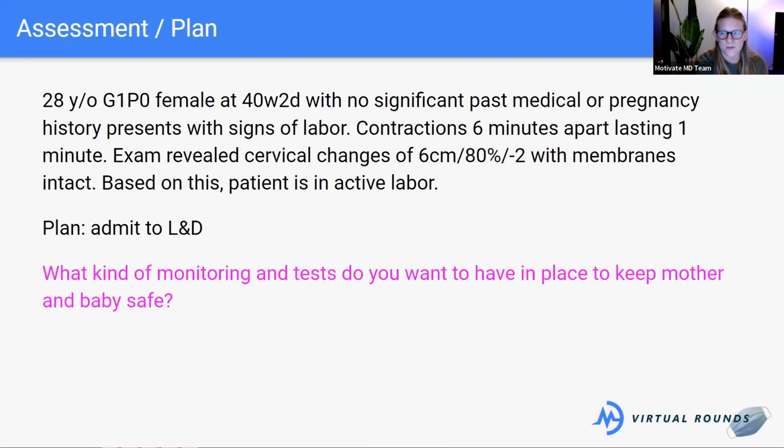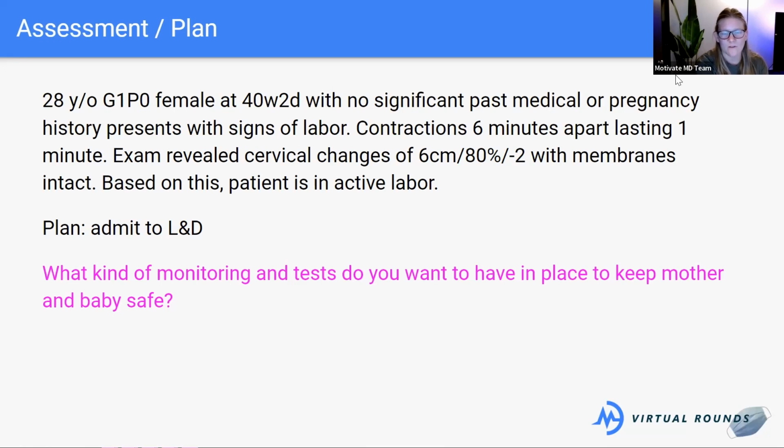So then for the assessment and plan portion of the note, we have a 28-year-old G1 P0 female, meaning her first pregnancy, no children. She's at 40 weeks and 2 days pregnant with no significant past medical history or pregnancy history, and she's presenting with signs of labor. Her contractions are 6 minutes apart, lasting for 1 minute.